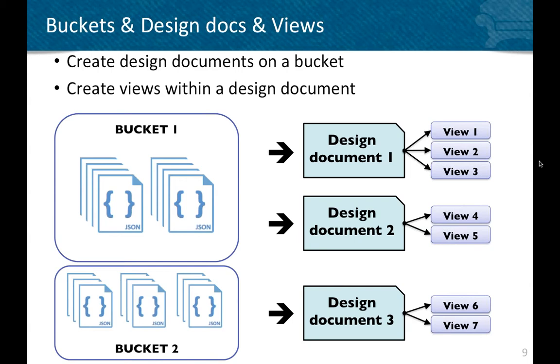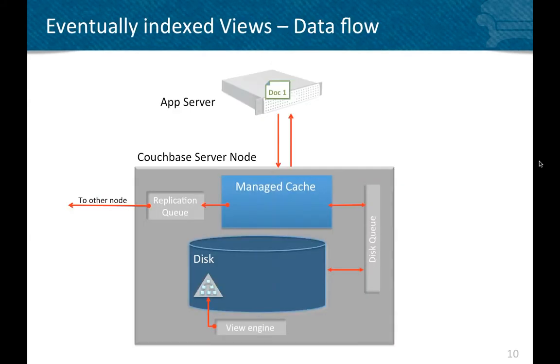Then you can avoid having views running over all that data just to ignore it. So the big takeaway here is that buckets and design documents really are for the operations angle, to make sure that you're getting the optimal performance out of the system.